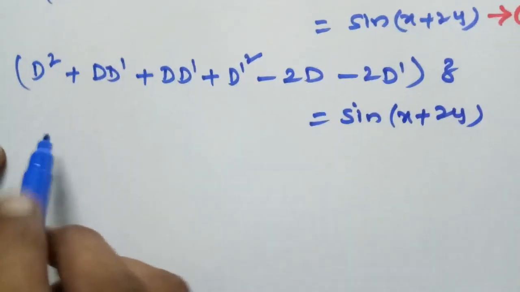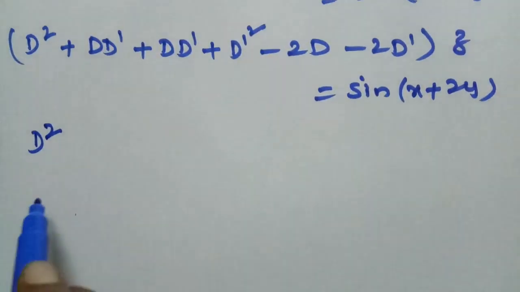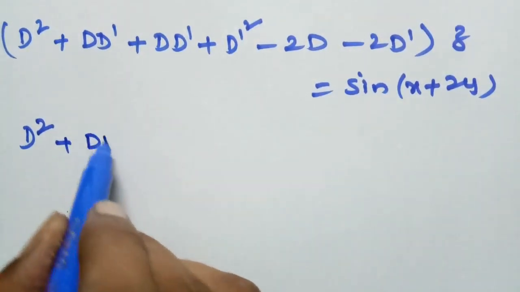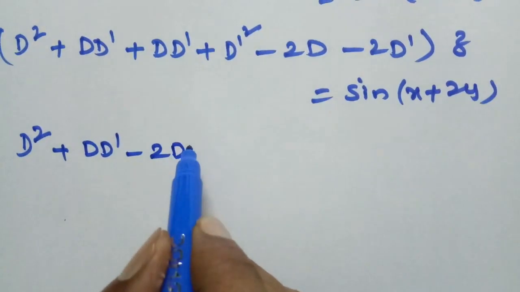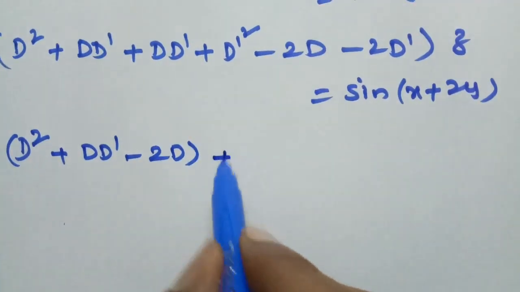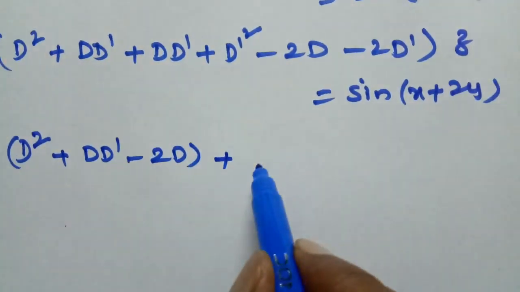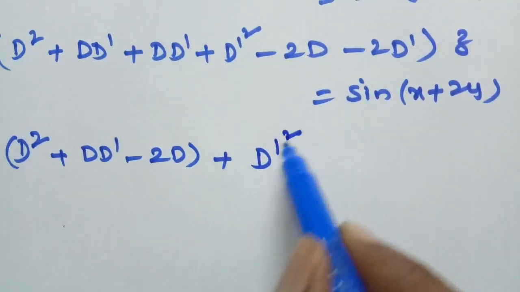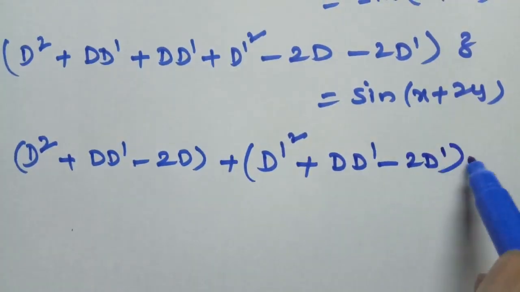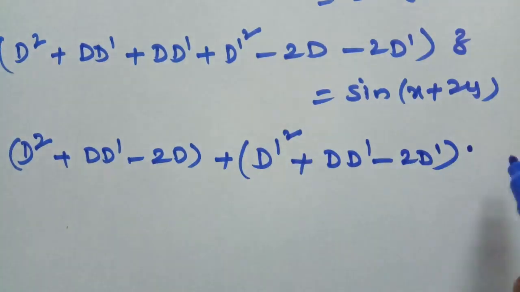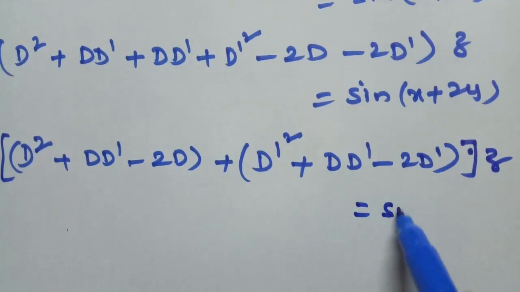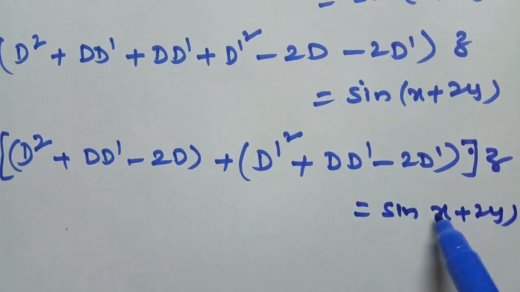Therefore again this can be written as D square plus DD dash minus 2D, we are taking the combinations as plus here, and DD dash square plus D dash minus 2D dash into z is equal to sine of x plus 2y.